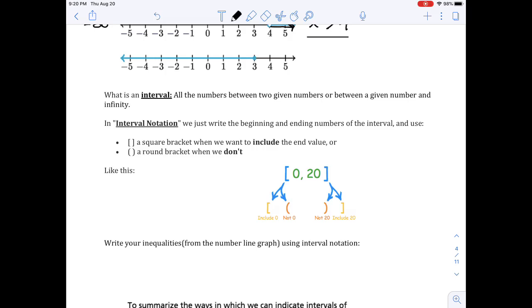When we work with interval notation, we use brackets or we use parentheses. A bracket indicates that you are including the value in the interval.